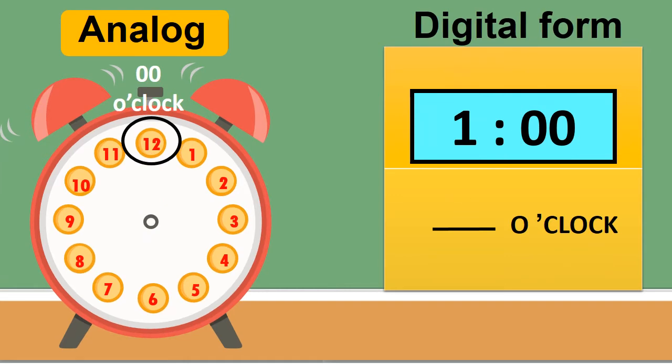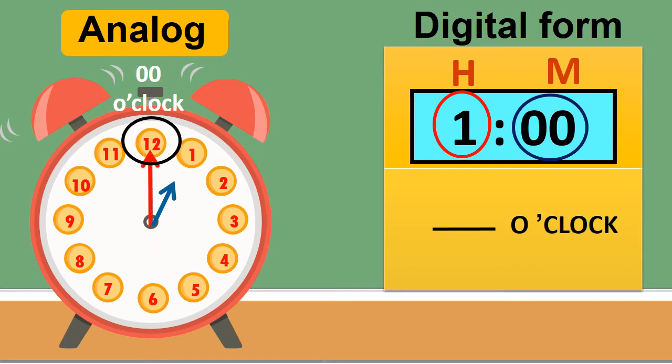Let's see that clock. I have here the digital form 1, 0, 0, which means that 1 refers to hours, so the short hand points to 1. 0, 0 refers to minutes, so the long hand points to 0, 0, which is 12.